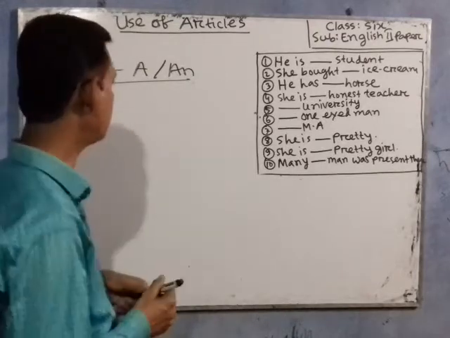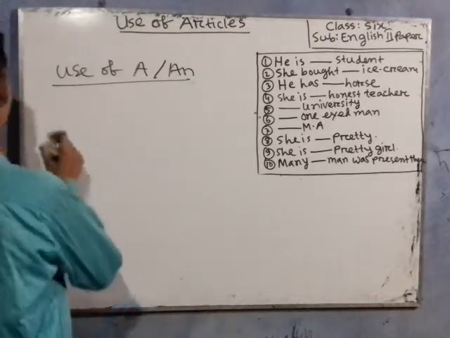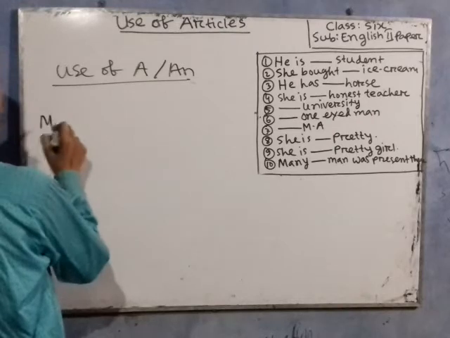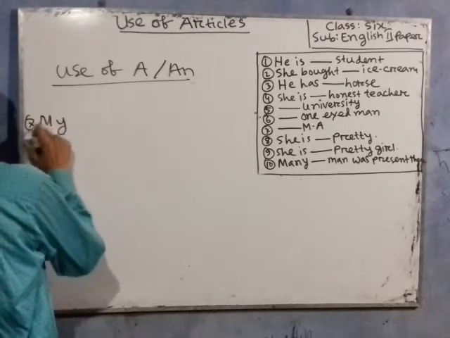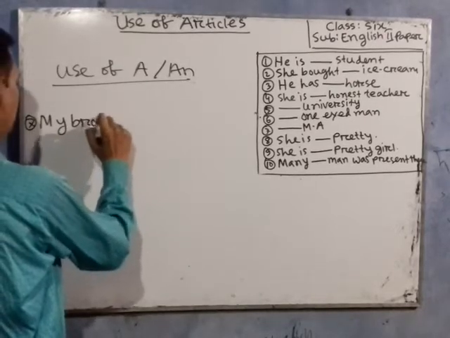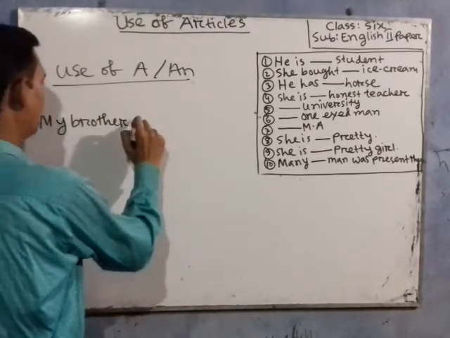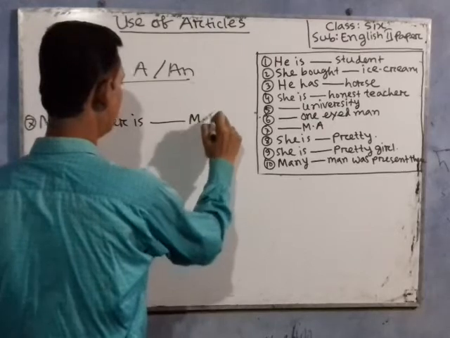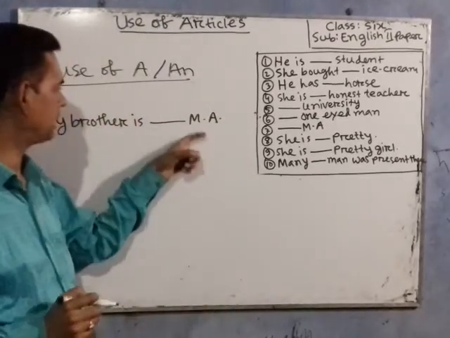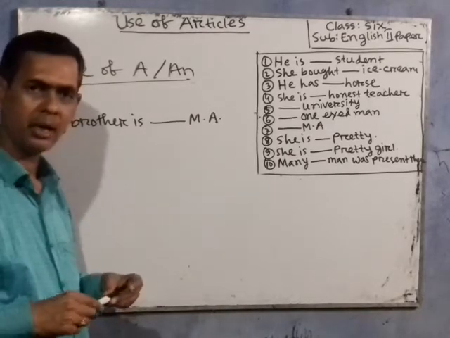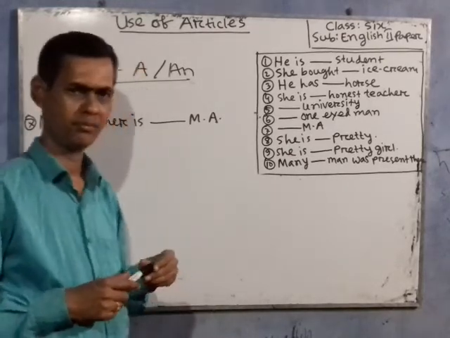Dear learners, next example. Number 7: My brother is dash MA. This is a qualification.